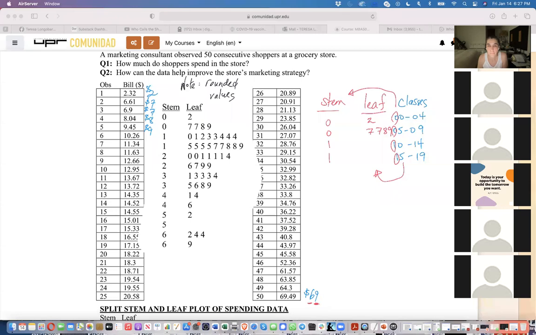They fit there. Then the next class, the next value is going to be 10. That's 10. This one is 11, and this one is 12.